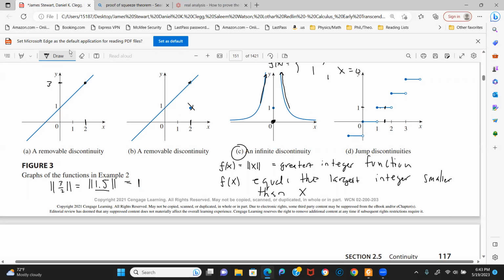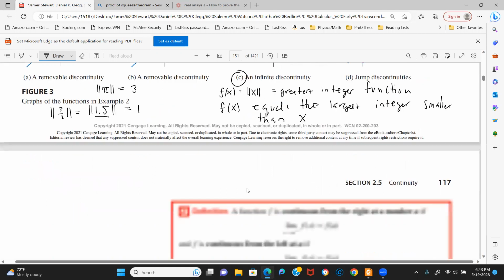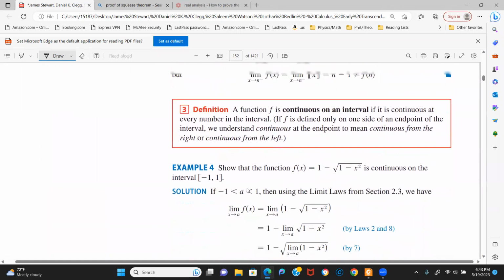So that's 1, because 1 is bigger than 0, 1 is bigger than -1, 1 is bigger than -2, etc. So that's how you evaluate that. And another one would be pi: the greatest integer function of pi would be 3, because pi is 3.14, blah blah blah, etc. And so the integer just smaller than it would be 3. So that's how you define that.